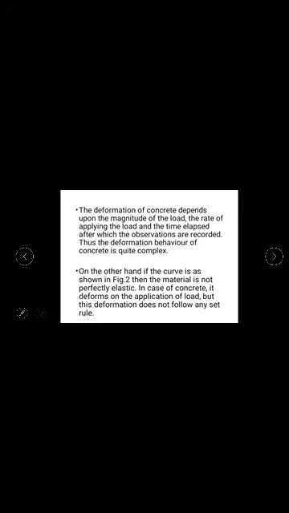So next, moving on, we have the determination, how to determine the modulus of elasticity of concrete. Generally, on an experimental basis, we will find out the modulus of elasticity of concrete.